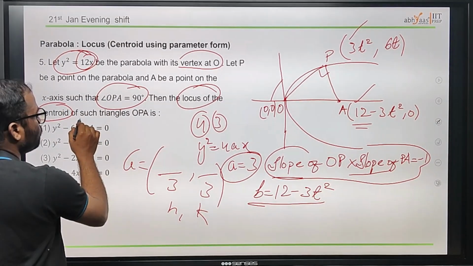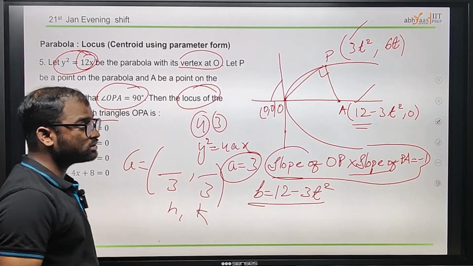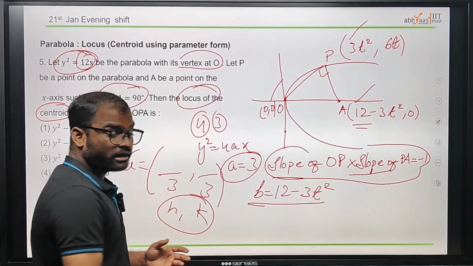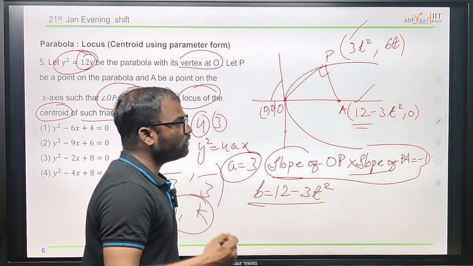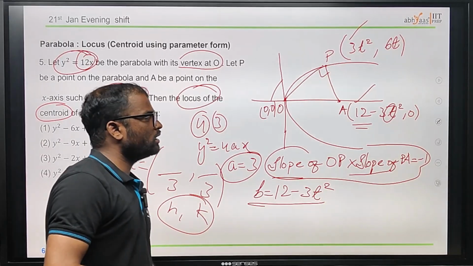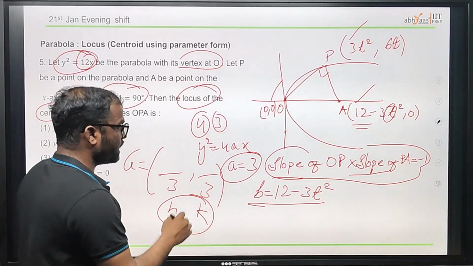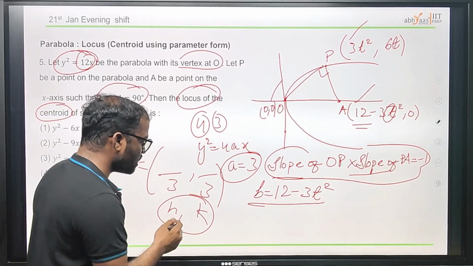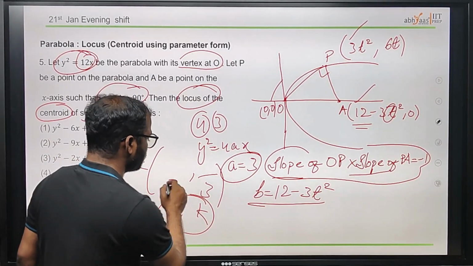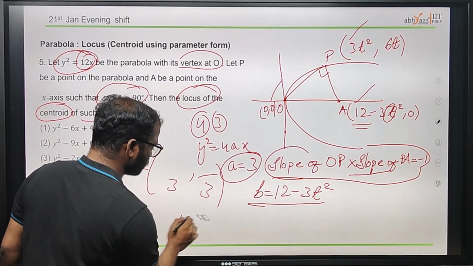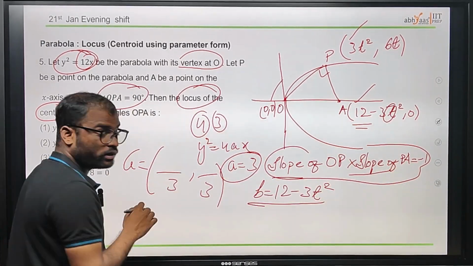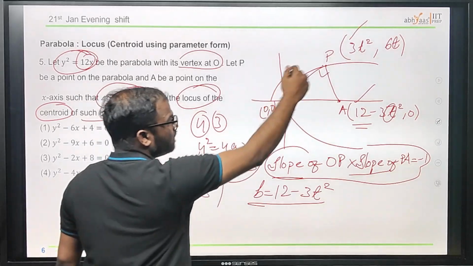Now we need to find the locus of the centroid. After finding the h comma k, we need to eliminate this t term. In order to eliminate the t term, we find this h comma k from the points: find the centroid of these 3 points.